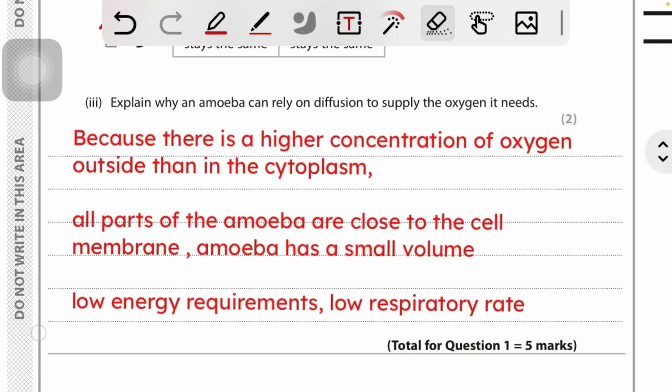Low energy requirements and low respiratory rate. Like the energy requirement is not higher, it has a lower respiratory rate, so that much oxygen will work for amoeba, but it won't work for us humans. That's why we need a more complex mechanism for our respiration. Okay, so this is question 1.